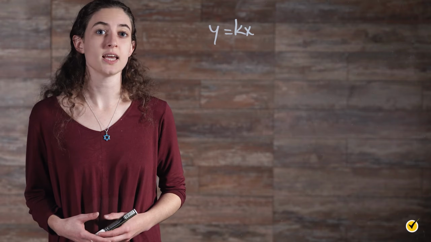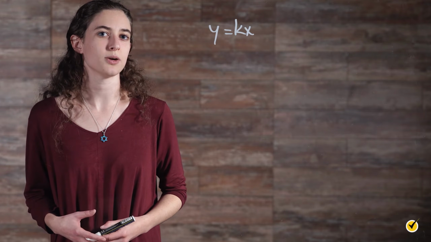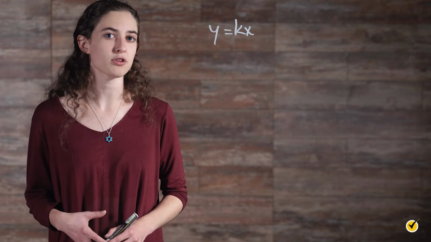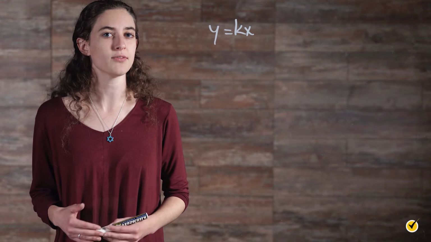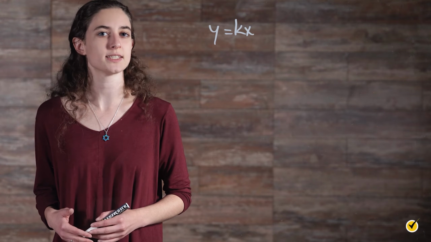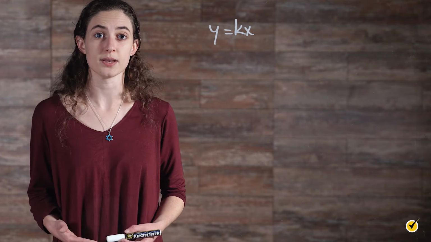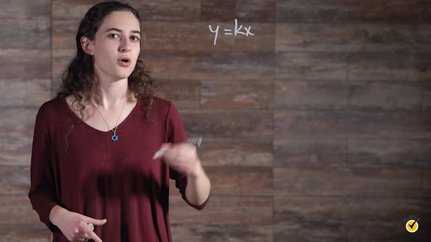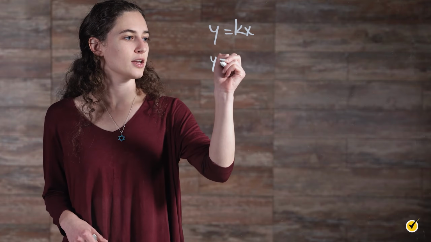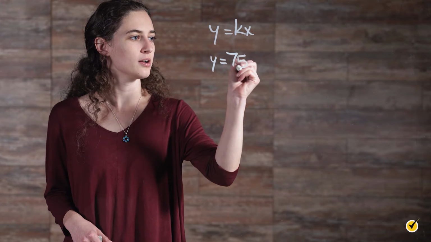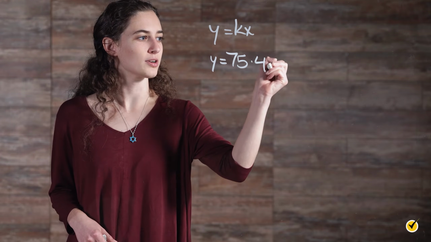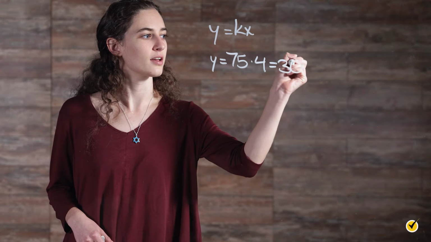Now let's consider the same journey but with a different relationship. You travel the same 300 miles, but instead of traveling at 75 miles per hour, you travel at 60 miles per hour. How much longer does the trip take at the slower speed? From the previous example, we know that y equals 75 miles per hour times 4 hours equals 300.